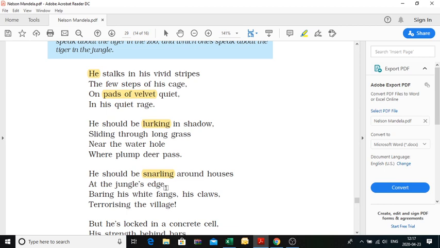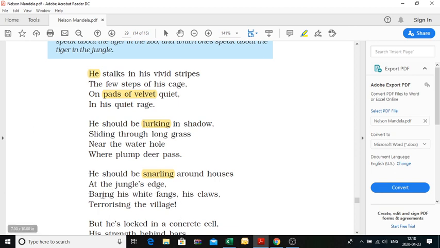If he had not been bound in his cage, right now the tiger would have been roaming around freely. He should have been growling around the houses of the human settlement at the outskirts of the jungle. So he is moving here and there. There he would open out his sharp, long, white teeth and pause just to terrorize the villagers.